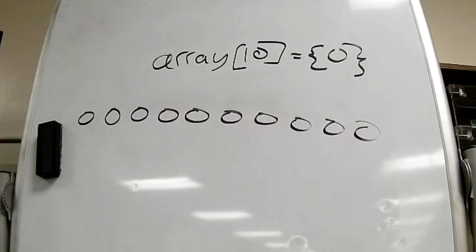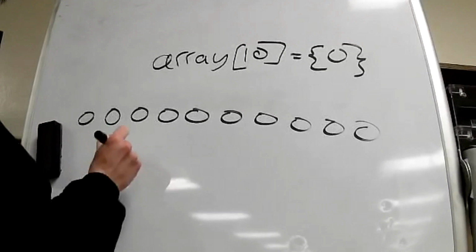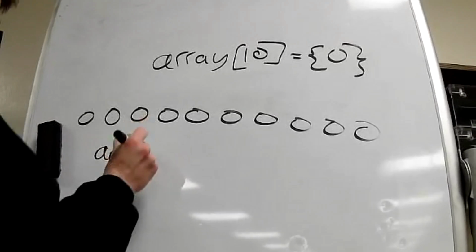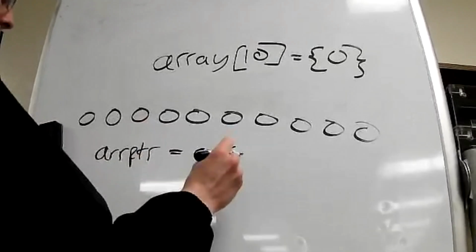So let me look at the exact question again. Now in the loop, we're setting the dereferenced array pointer equal to I. This array pointer, I'm just going to abbreviate it to array pointer, is just set to the array itself.